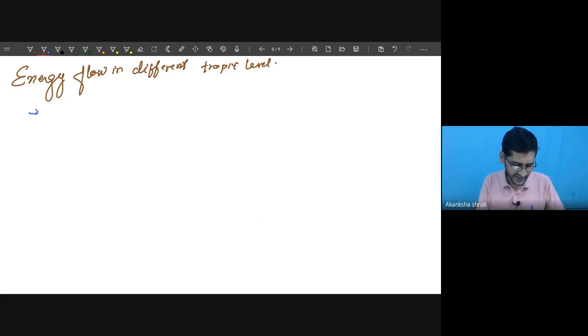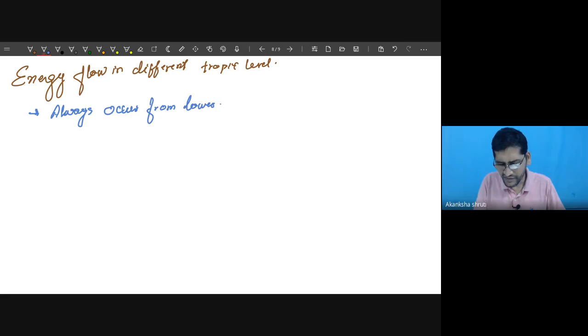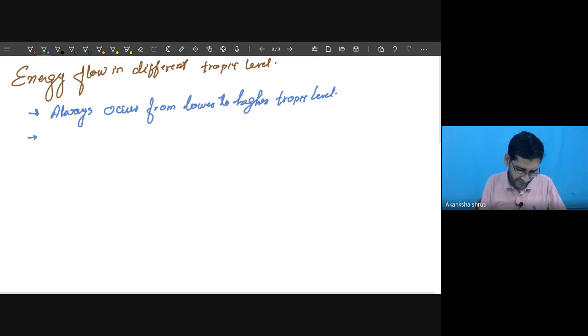Now, this energy flow always occurs from lower to higher trophic level. The lowest one is our producer.